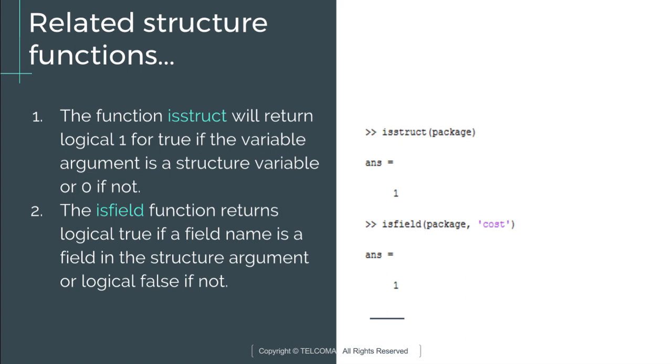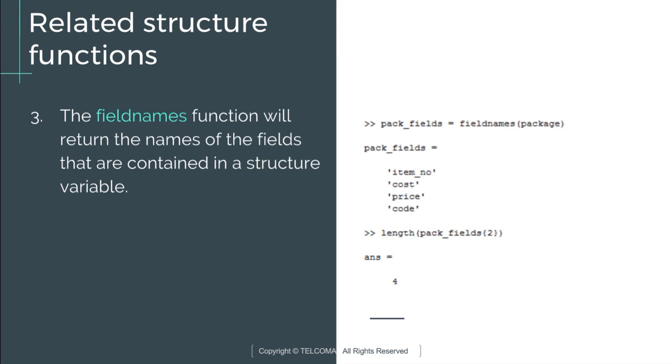The function isstruct will return logical 1 for true if the variable argument is a structure variable or 0 if not. The isfield function returns logical true if a field name is a field in the structure argument or logical false if not.